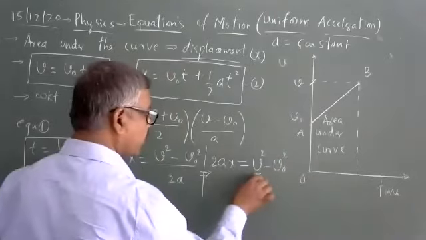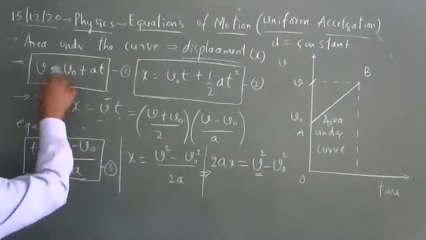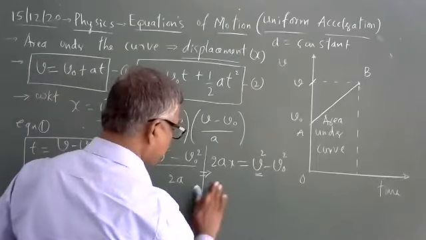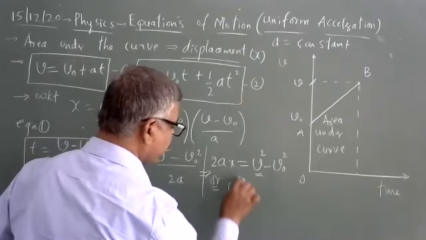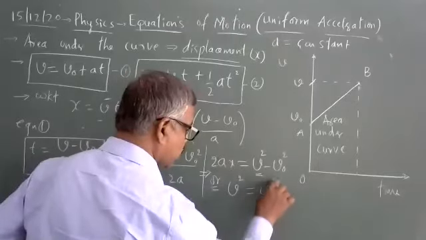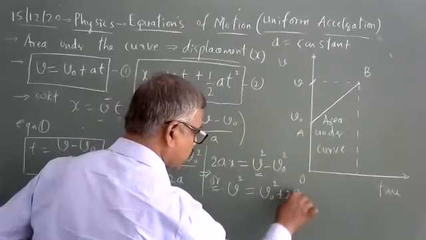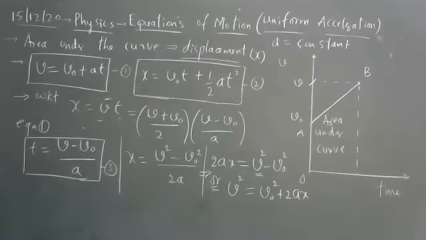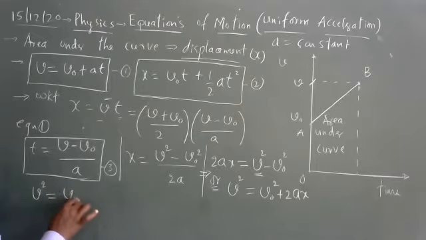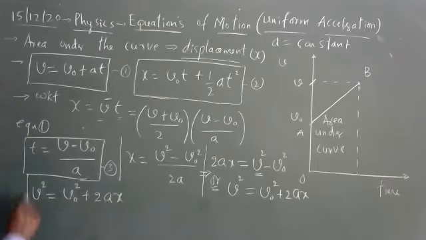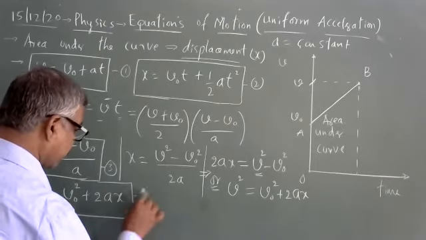Taking only v square, this reduces to final velocity square equal to initial velocity square plus 2ax. And I can call this the next beautiful equation of motion. Final velocity square equal to initial velocity square plus 2 times acceleration into displacement. Call this equation 4.